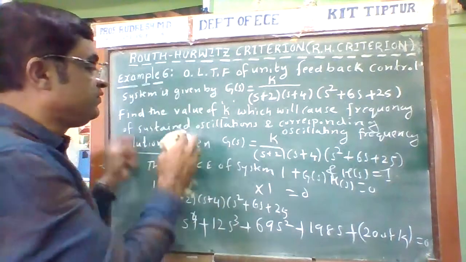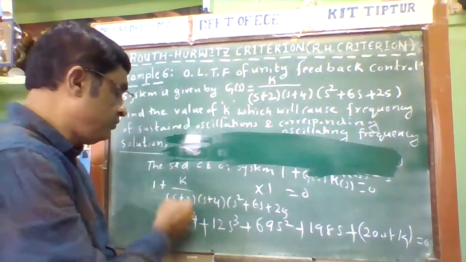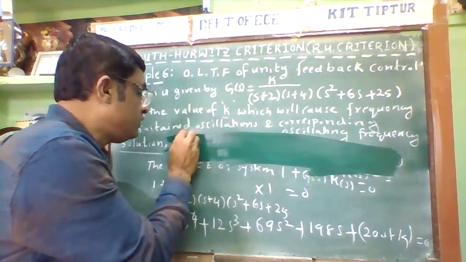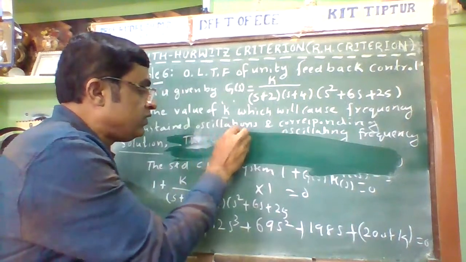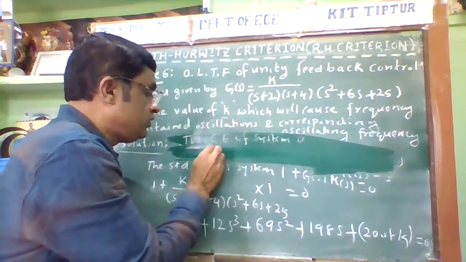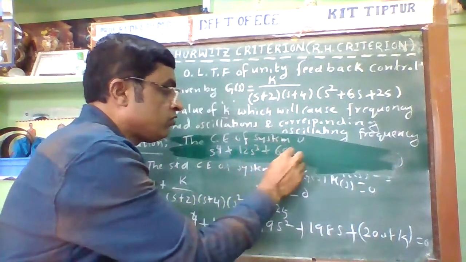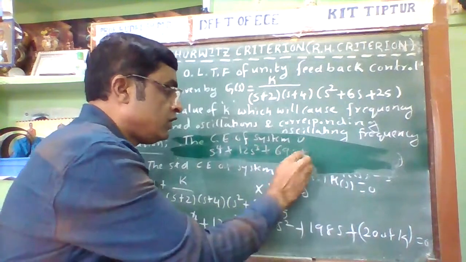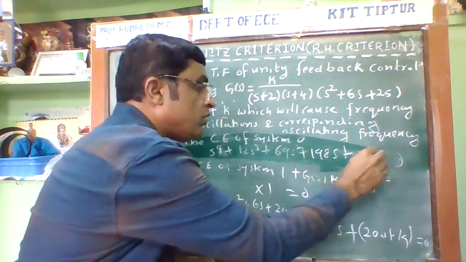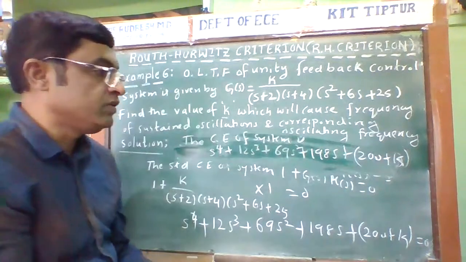Therefore, the characteristic equation of the system is S to the power of 4 plus 12S cube plus 69S square plus 198S plus 200 plus K. Now this is the characteristic equation of the system.